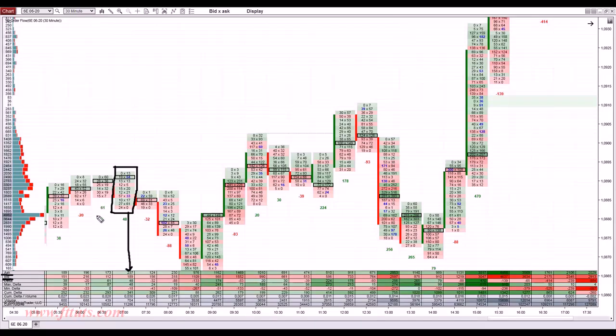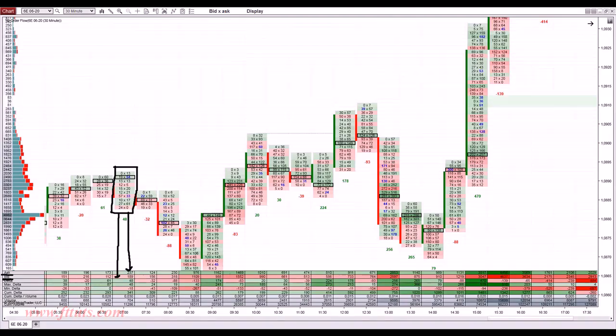The bid works the same, 0 plus 19 plus 13 plus 12 and so on. It is this number, the 189. As you can see, the bid is 189, ask is 237.